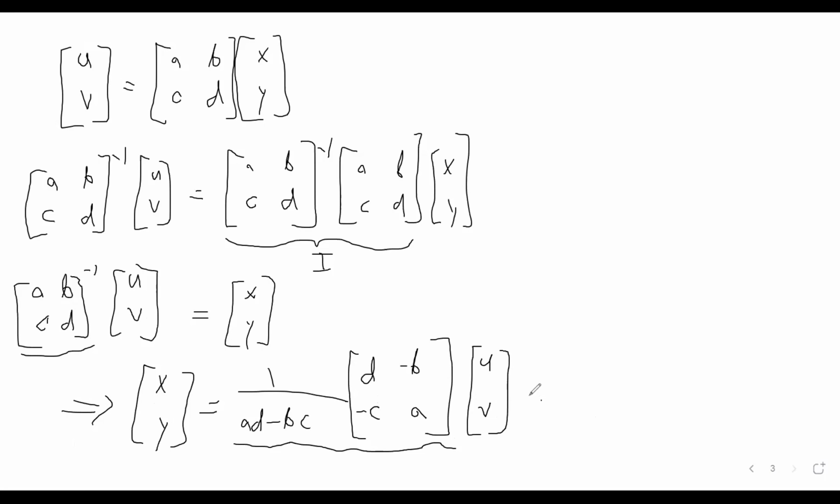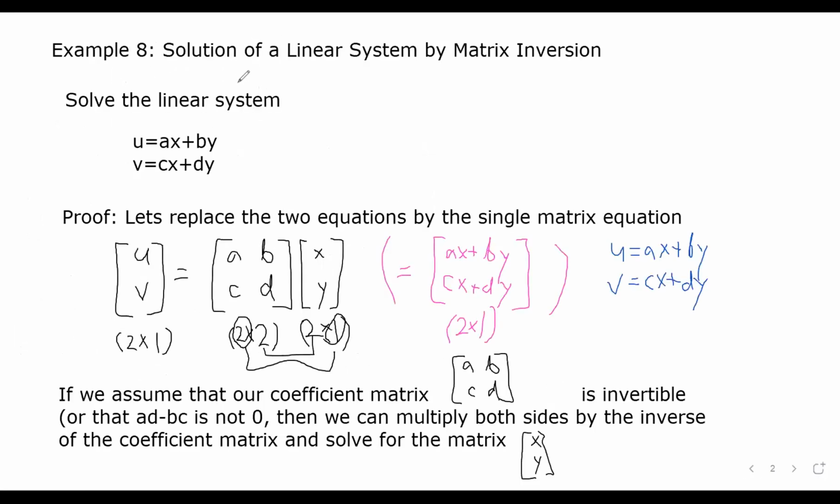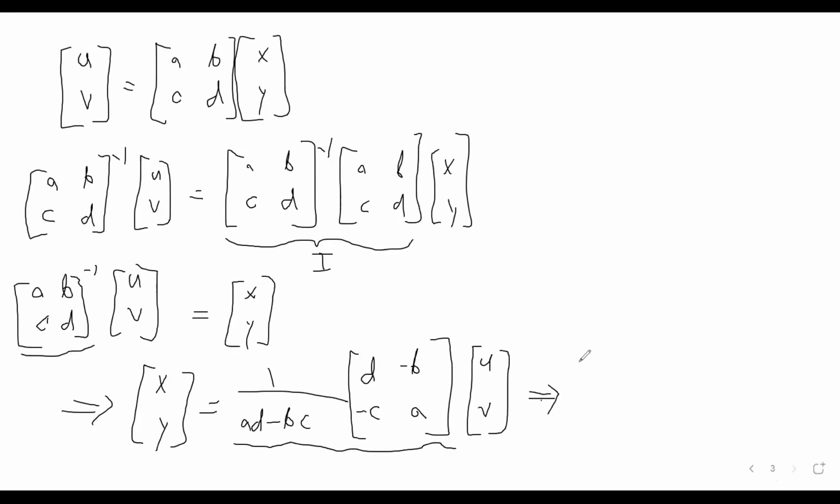The original problem said to solve the linear system. Solving the linear system means solving for the unknowns, in this case, x and y.